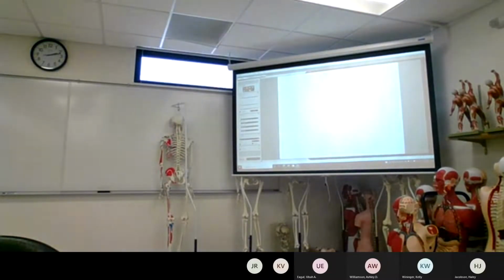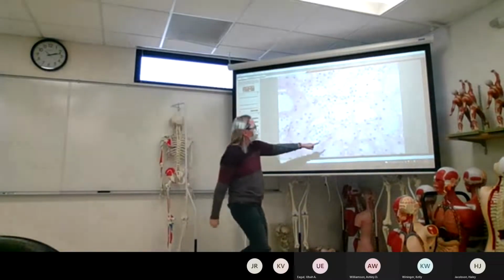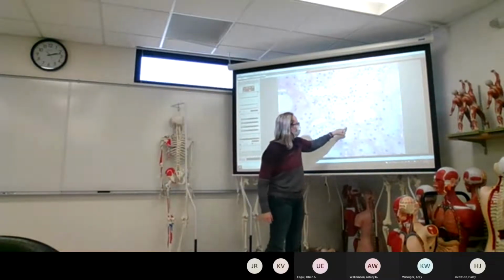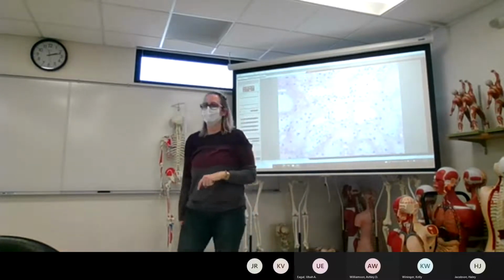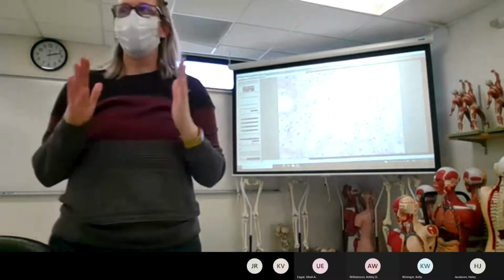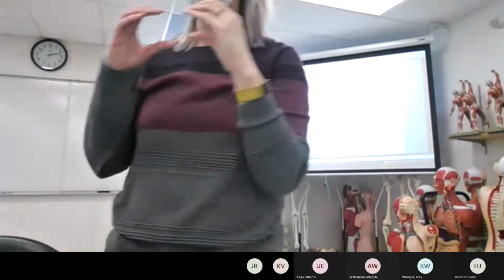There's a little bit of open space. And the cells typically lining these tubes are supposed to be squarish. Okay, so that would be my simple cuboidal epithelium.